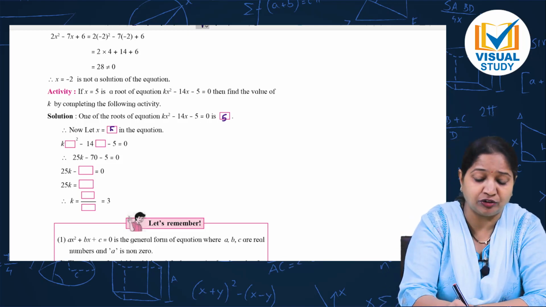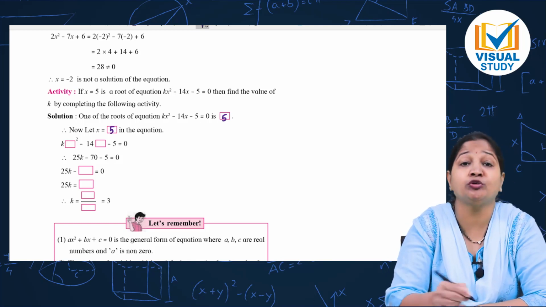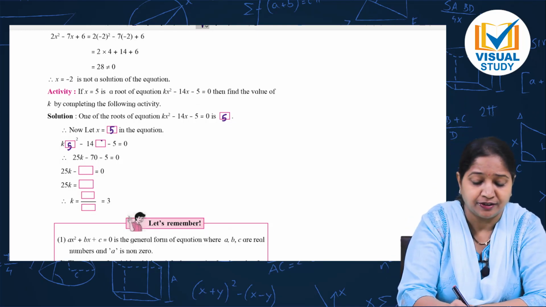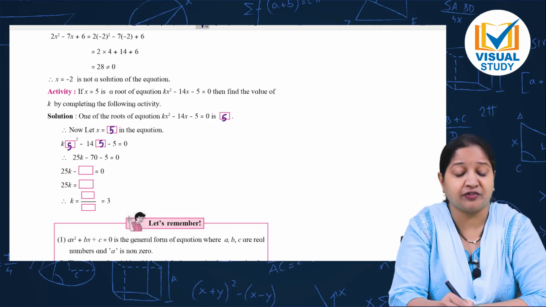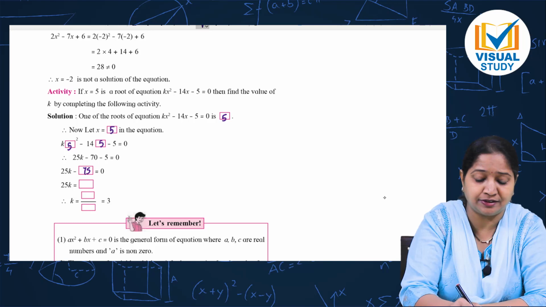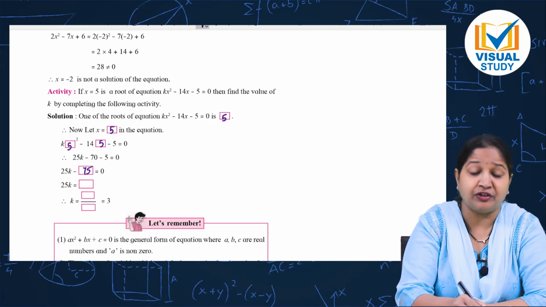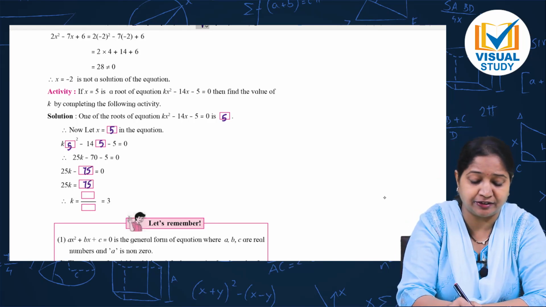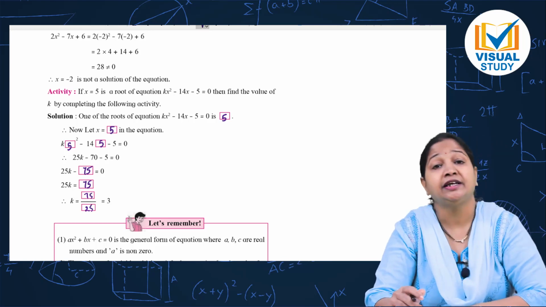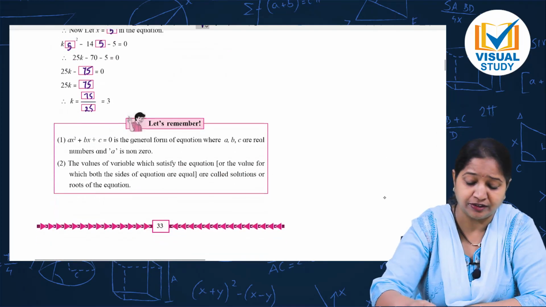Now let x equal to 5 in the equation. We have to put the value of x, that is 5. So here 5 square, 25k minus 70 minus 5, that comes to minus 75. When you take minus 75 that side, you get 75, and 75 upon 25 you get 3. In this way you can find out the value of k.